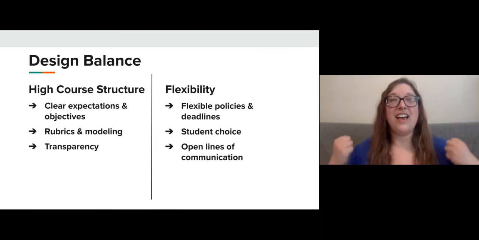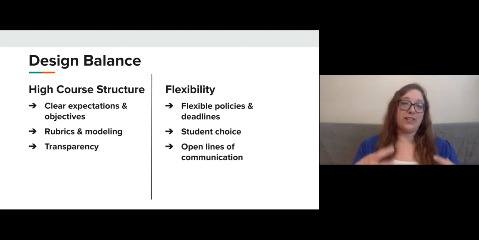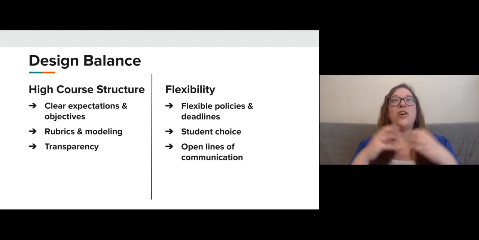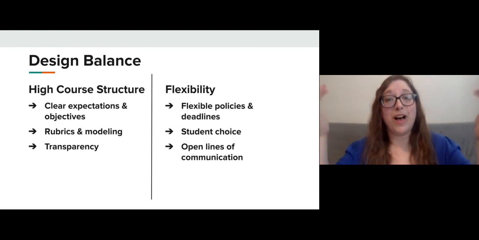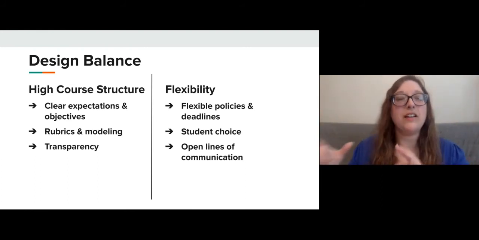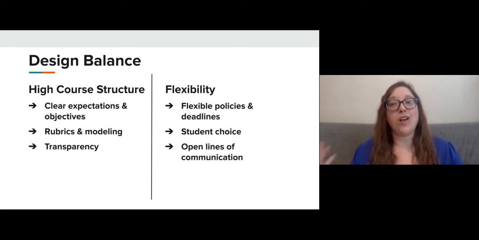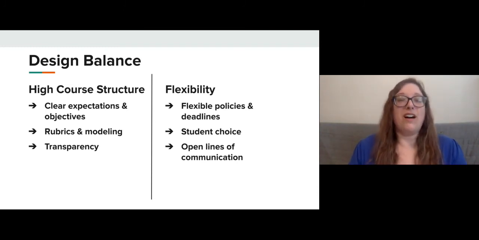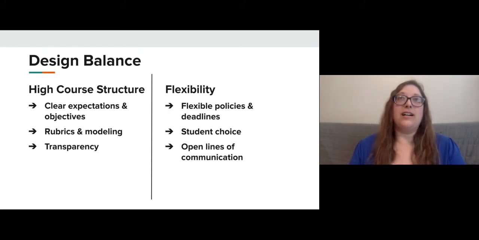So take that increased course structure with those clear expectations and objectives, always showing students how and why what they're doing is going to lead to a positive result, and balance that alongside flexibility. So noting that students are all coming to us from different contexts and with different experiences and backgrounds.